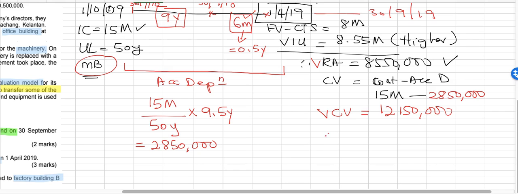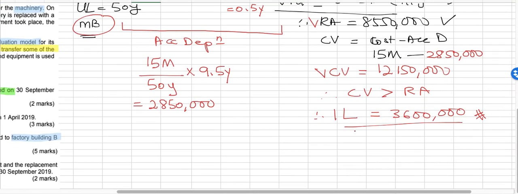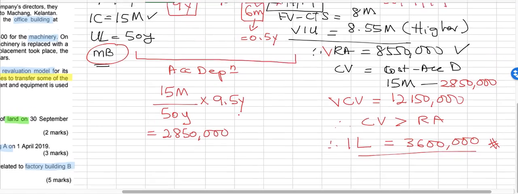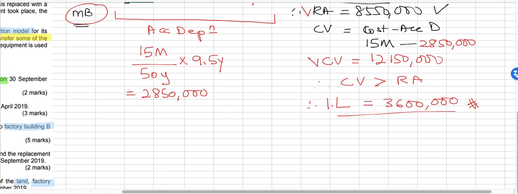Therefore, when CV is more than RA, you have an impairment loss of 12150 minus 8550, so you get 3.6 million. So the question asks you to calculate, so your answer will be up to here. You have to show all this calculation in your answer. If the question asks for treatment, this impairment loss will be written off into SOPL.